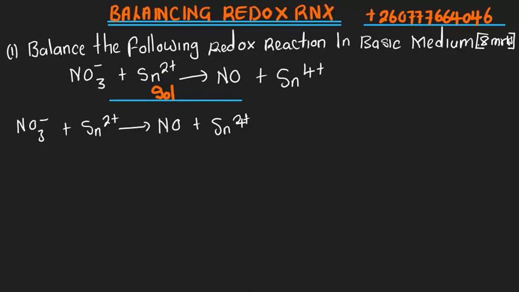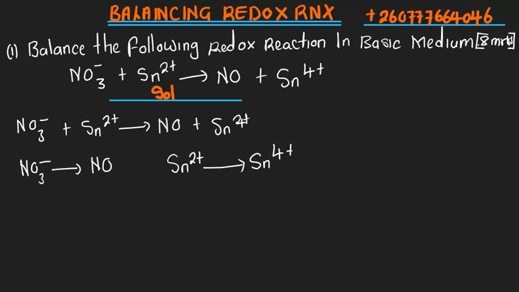So we're going to have our nitrate with its relative end product being nitrogen monoxide, like that. Then we have our selenium 2 plus, and it's going to produce our selenium 4 plus. These are the half reactions. We can now balance the equation.